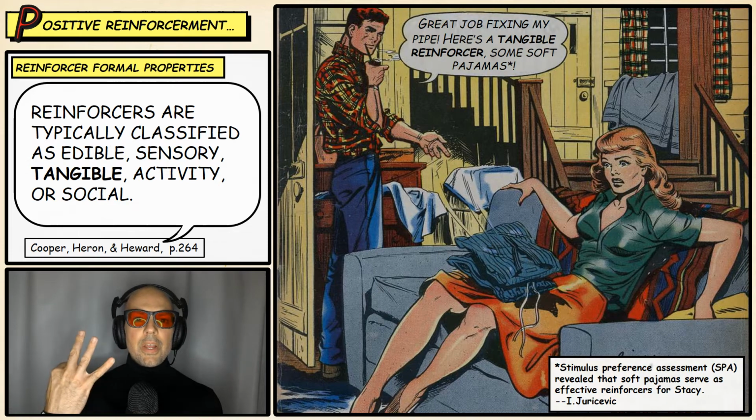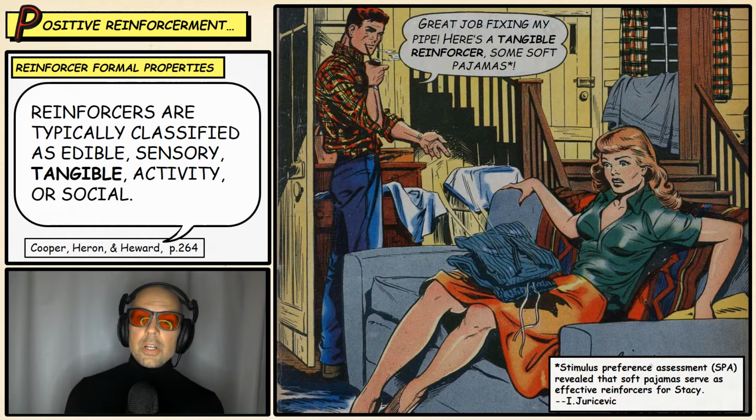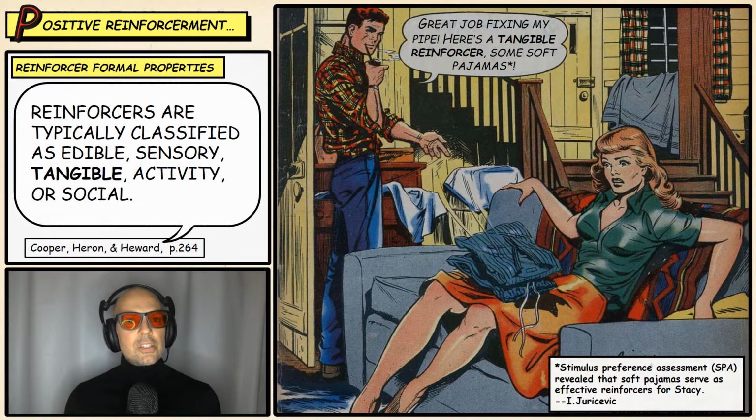Category number 3. All right, so the next category of positive reinforcers that we're going to talk about are tangible reinforcers. And these are things that you can touch. Now you might be thinking back to the edible reinforcers and saying, hey, aren't those tangible reinforcers? Well, a tangible reinforcer would be something that you can touch, but not something that you would eat. So think of things like stickers, think of things like little prizes that you get in the bottom of those cereal boxes.